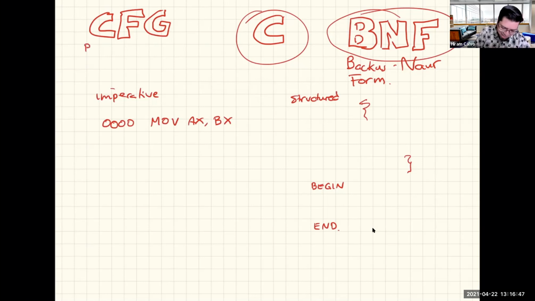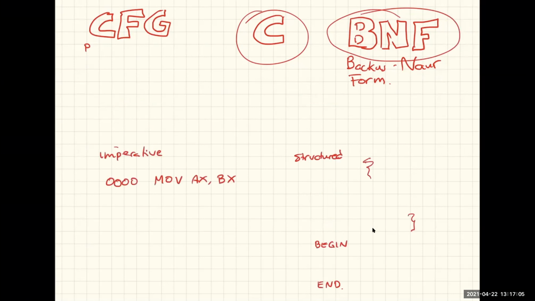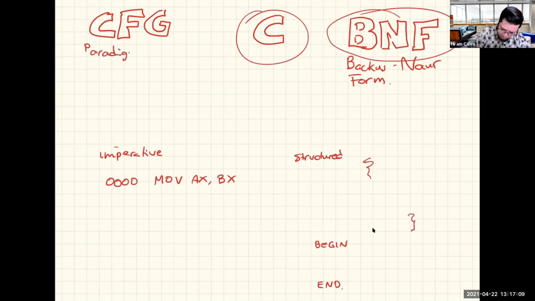But it was something that was taught, I think, more before than now. However, these paradigms still exist. So let me make a little parenthesis here: paradigms of programming languages.